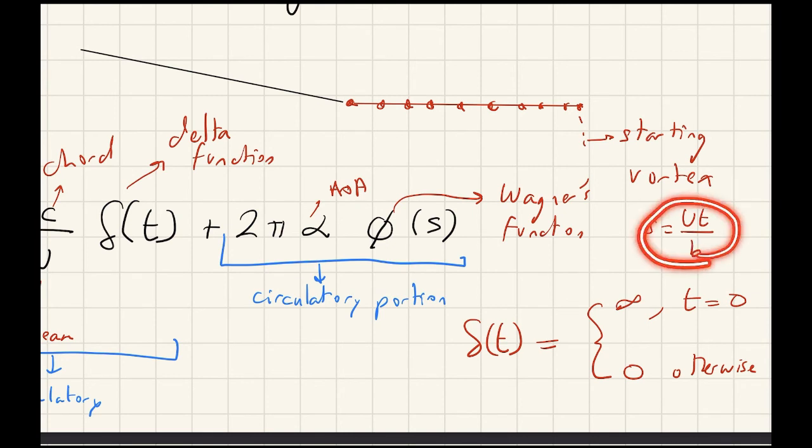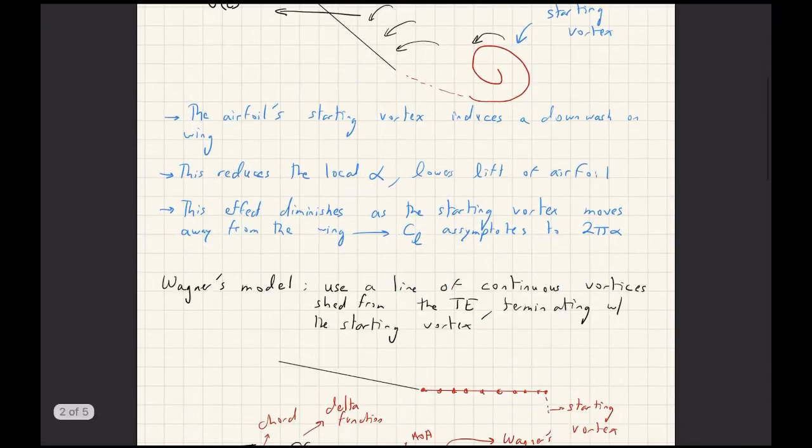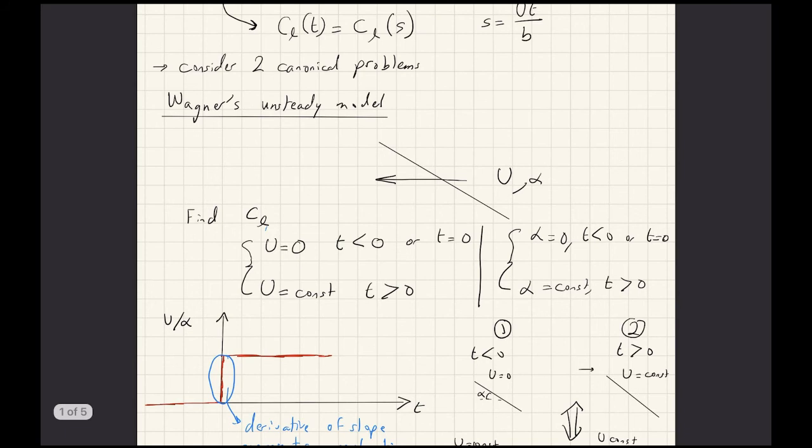Where this point is evaluated at t equal to 0, which is the point where you suddenly have the step input in either angle of attack or the free stream. So this point here is when you start evaluating phi of s. So just keep those two things in mind when you are evaluating Kussner's function and Wagner's function.